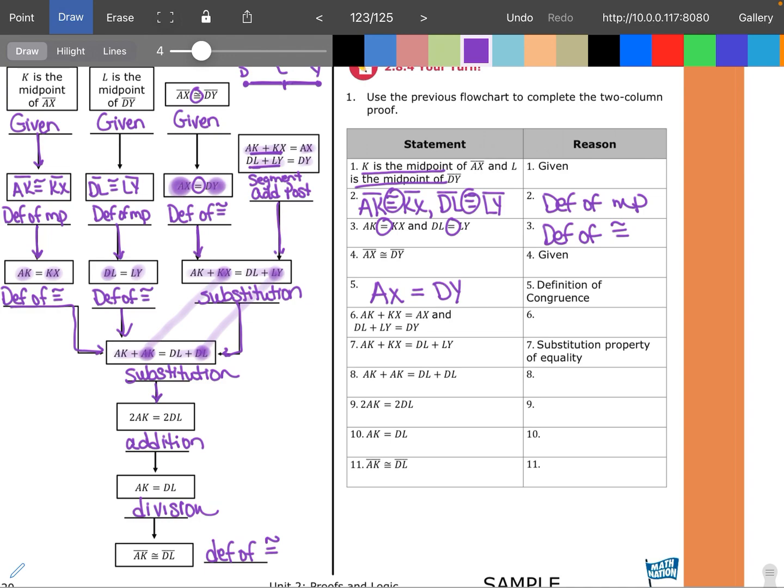Okay, and then we have this part up here, our segment addition postulate. Then they're showing us the substitution for the next one, which is this over here. Then we have our AK plus AK equals DL plus DL. That would be substitution again.